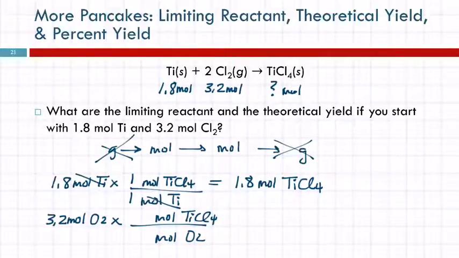Yeah, that's not an O. It's very small on my little iPad mini, and the Cl kind of looks like an O. There we go. 3.2 moles of Cl2, and then we're going to get 1 mole of this for every 2 moles of that. 1 mole of TiCl4 for every 2 moles of that.